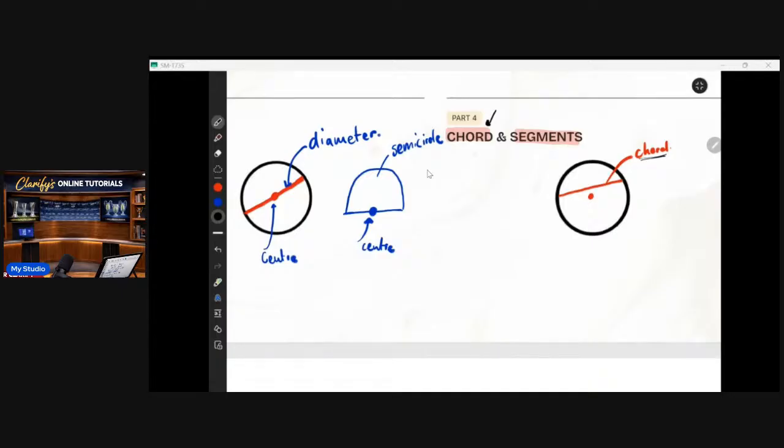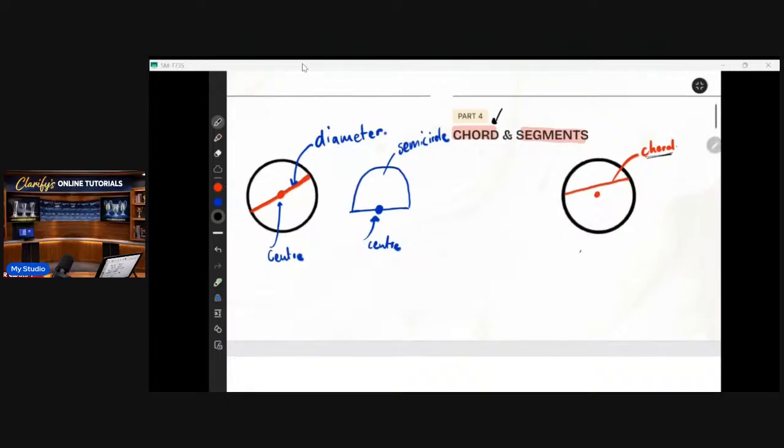And a chord will split your circle into parts that we call segments. Listen closely. Segments are made by a chord. So when you see the word segment, you look for a chord because it's the one that makes segments. This section, which is bigger, which we are shading, is called the major segment.